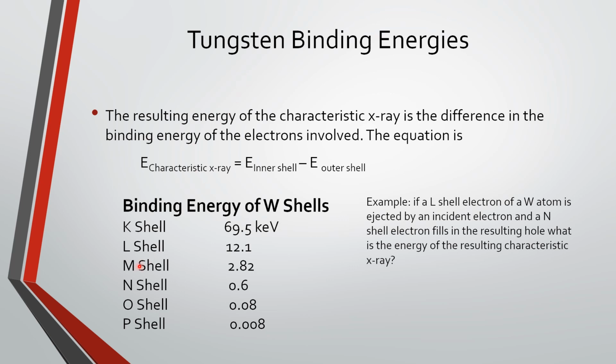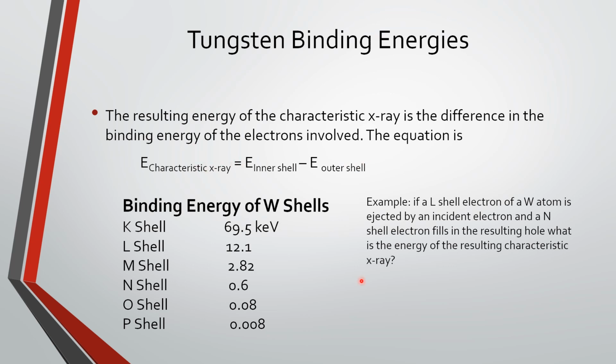So we're saying that if an L shell electron is ejected by the incident electron, and an N shell electron fills in the hole, what is the energy of the resulting characteristic X-ray? Well, we know it's the difference: the inner shell minus the outer shell.